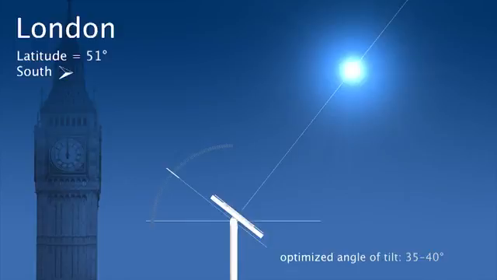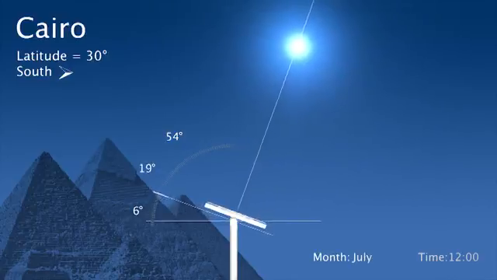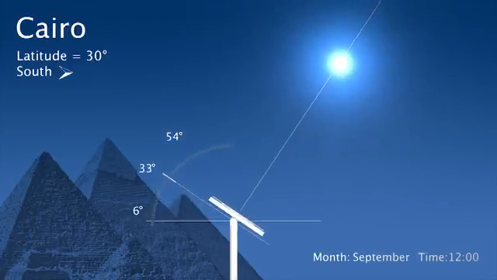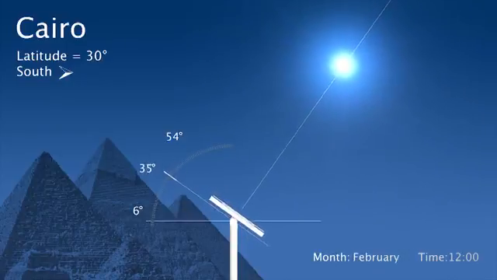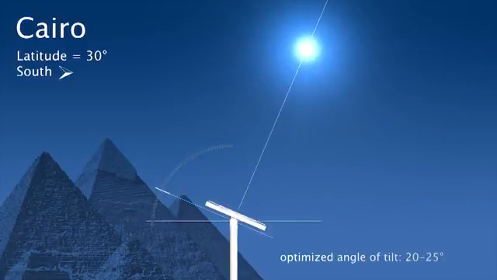The optimized angle of tilt will be 35 up to 40 degrees facing south. Moving closer to the equator, we have Cairo at around 30 degrees latitude. We notice that the range of tilt angles has diminished to around 6 to 54 degrees. The optimized angle of tilt in such a case would be around 20 up to 25 degrees facing south.